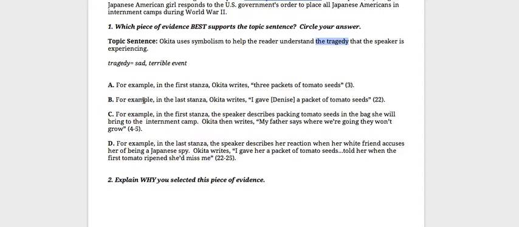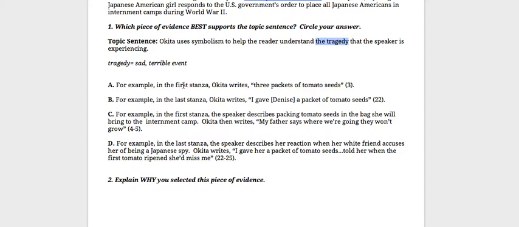For example, in the first stanza, Okita writes "3 packets of tomato seeds." Well, the punctuation is correct. I have the line number in parentheses, I have the quotes where I need them, I have the comma where I need it, and a reference to the first stanza. But the phrase "3 packets of tomato seeds" does not give me enough information. I'm not sure if there's a symbol.